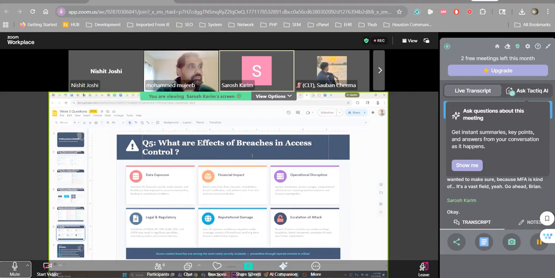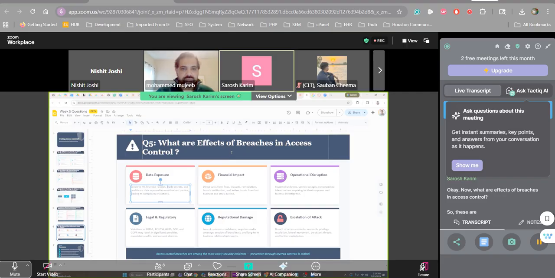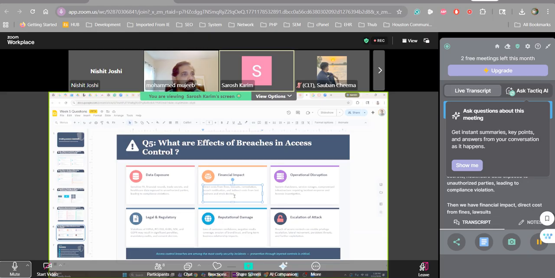Now, what are the effects of breaches in access control? These are different breaches: data exposure, sensitive PI data, financial records, trade secrets, healthcare data exposed to unauthorized parties, leading to compliance violation. Then we have financial impact: direct cost from fines, lawsuits, remediation, breach notification, and indirect cost from lost business and stock.